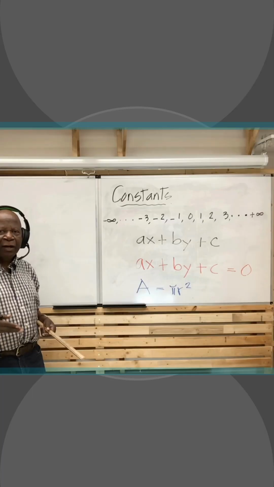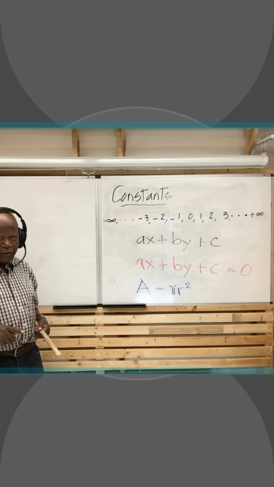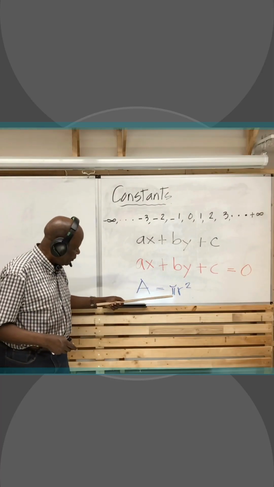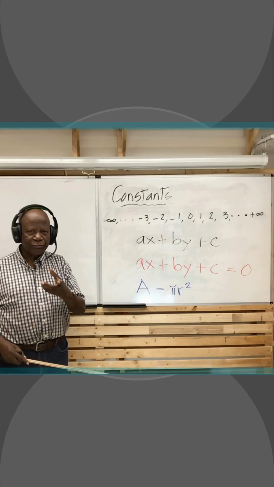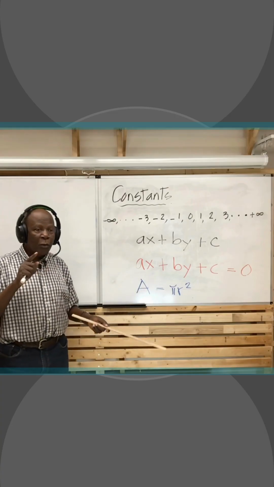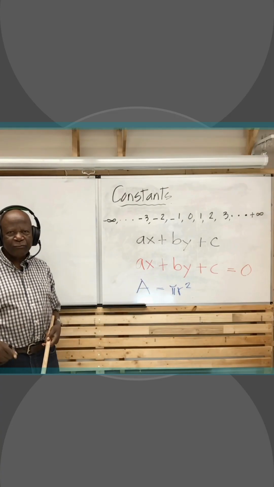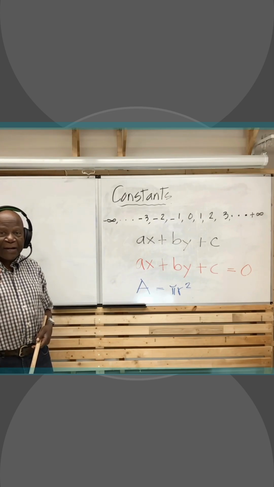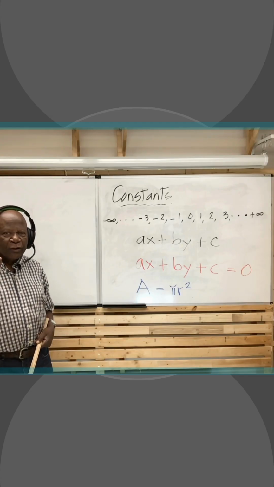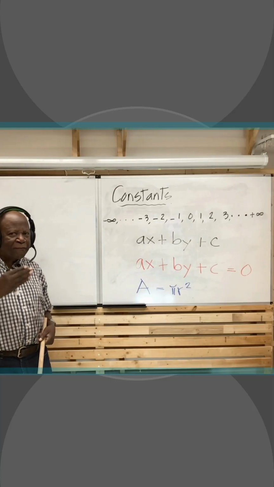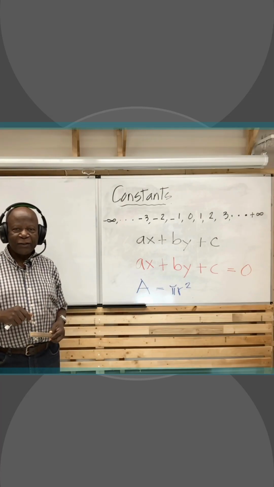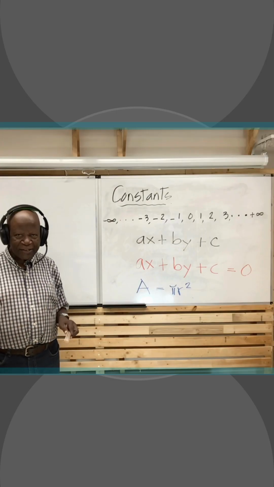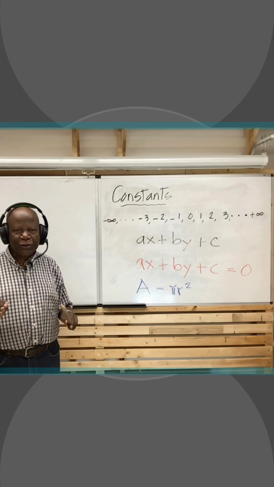Constants also appear in formulas. Now, let's take an example of a formula. This formula represents the area of a circle. Area of a circle is equal to pi r squared. Pi is a constant, and this pi is the value of the ratio of the circumference of any circle to its diameter, no matter the circle, no matter the size, no matter the location, no matter the situation.